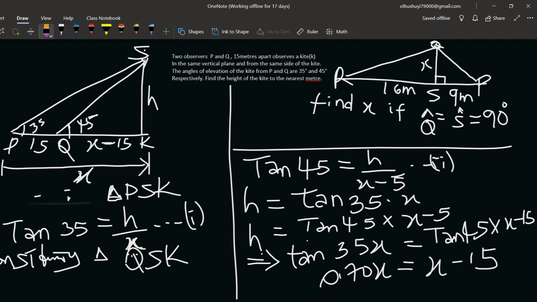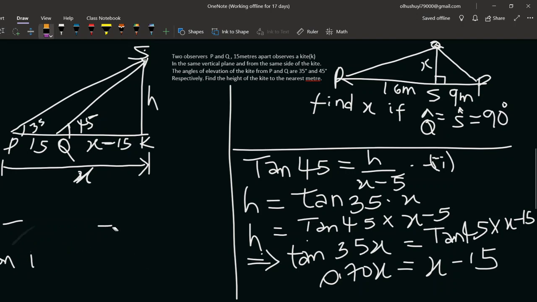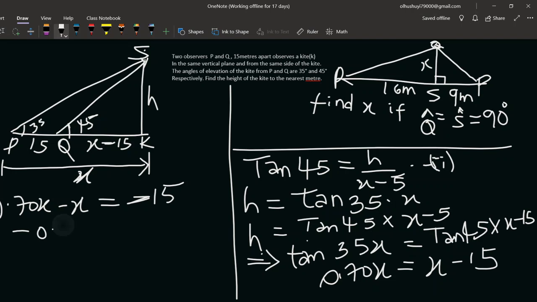So let me work here. Collecting like terms, we have 0.70x minus x, that will be equal to minus 15. 0.70x minus x is like 0.70 minus 1, that will be minus 0.3x, which equals minus 15.